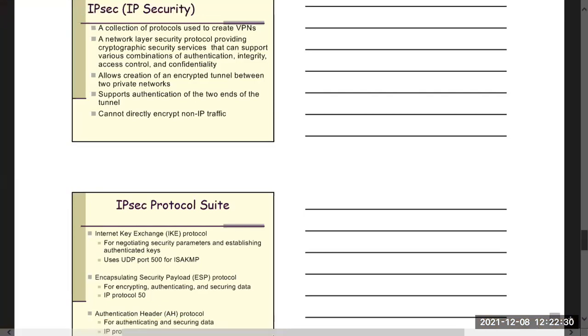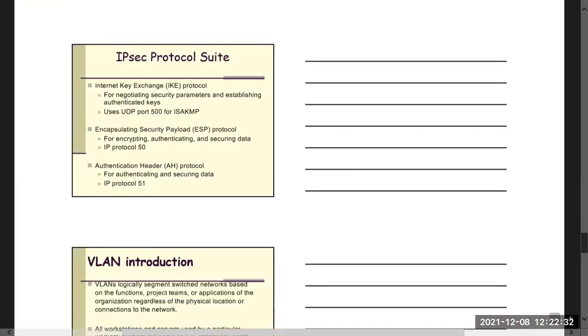This is the IP security protocol suite. This is the Internet Key Exchange protocol, for negotiating the security parameters and establishing the authenticated keys, and it uses port number 500.